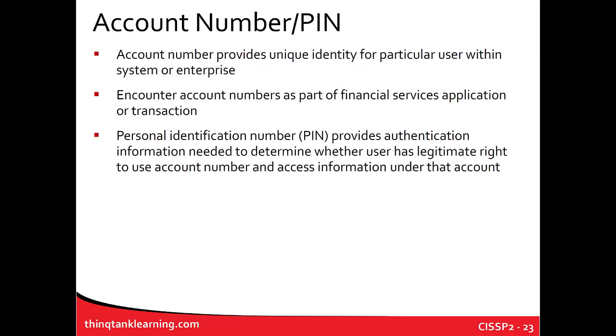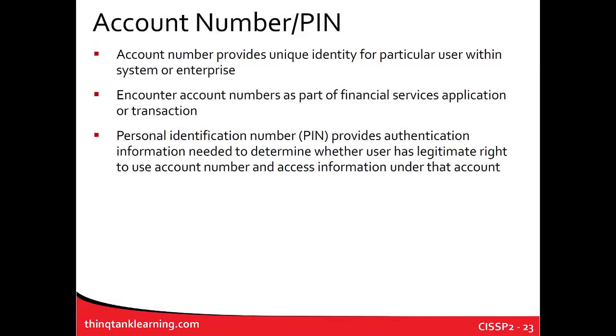An account number provides unique identity for a particular user within a system or enterprise. We enter account numbers as part of financial services applications or transactions. A PIN provides authentication information needed to determine whether the user has legitimate rights to use the account number and access information. Yeah, I mean, this is pretty obvious, right?